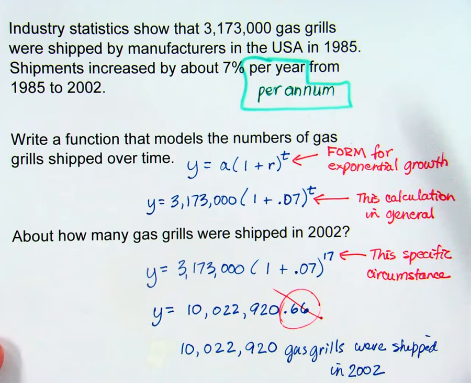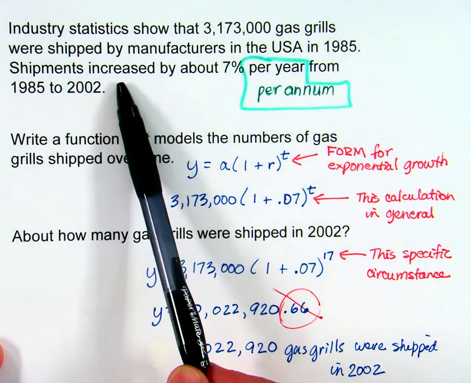On rounding, on these matters, you're going to have to use your noggin and think about it. Does it make sense to ship 2/3 of a gas grill? Probably not. It's probably best to say 10 million and some without putting the 66 on the end.